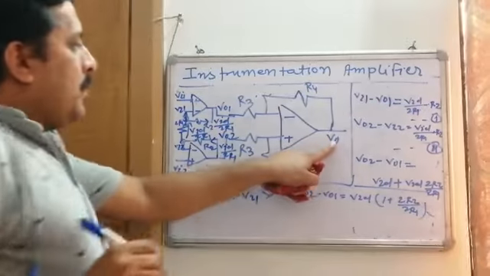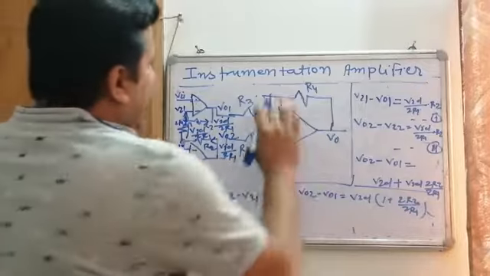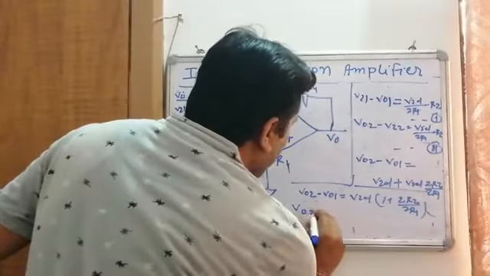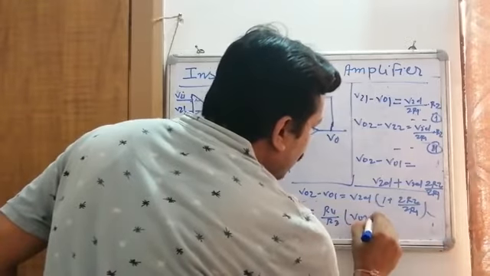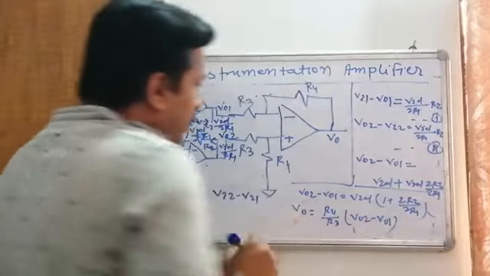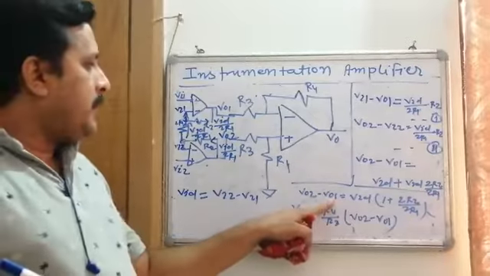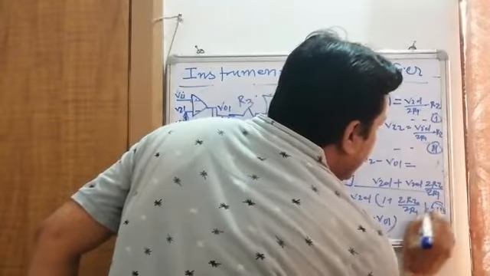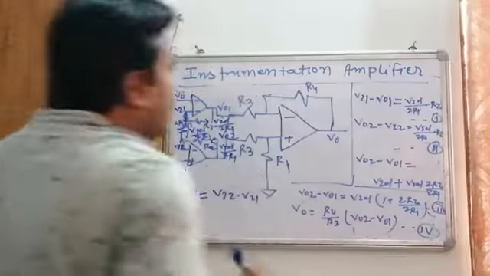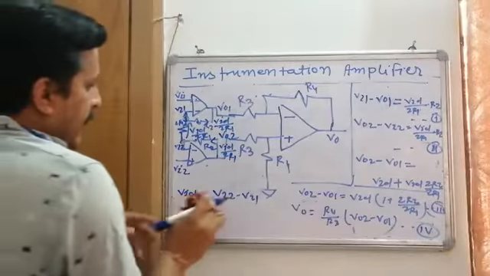And what is the output voltage V0? V0 is equal to R4 by R3 times V02 minus V01. Put the value of V02 minus V01 from equation 3 into equation 4. We will get the output expression.